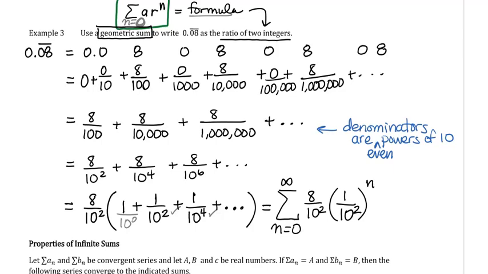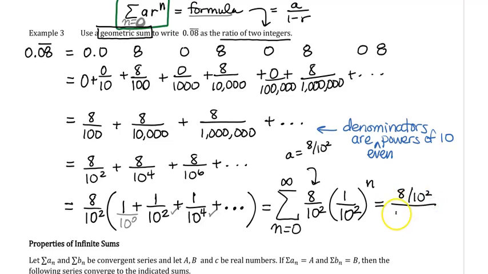Now, this is a geometric sum that we should be able to evaluate. The formula says that this is equal to a over 1 minus r. In this case, a is 8 over 10 squared.